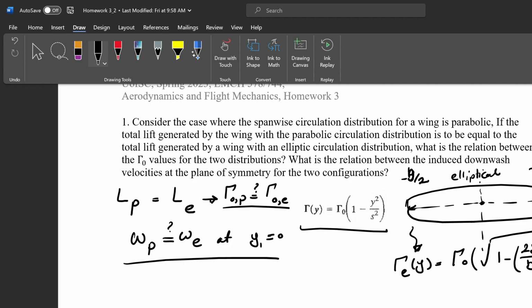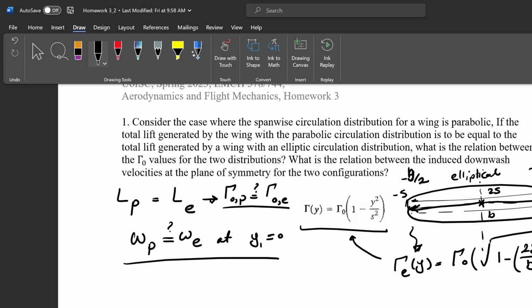Okay, so the assumption here is that the whole span length is b. From the center of the coordinate system, you're going to have b over 2 in the positive direction, and negative b over 2 in the negative direction, right? But the assumption they have made here is a little different. They have assumed that your span is 2s, and here you have, in the positive direction, positive s and negative s.